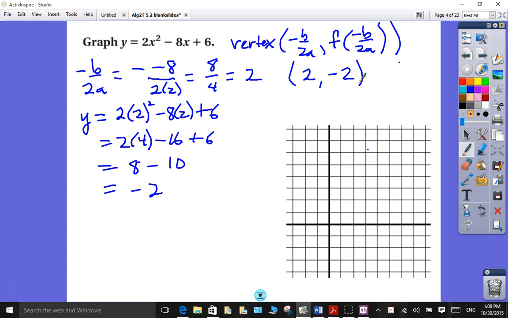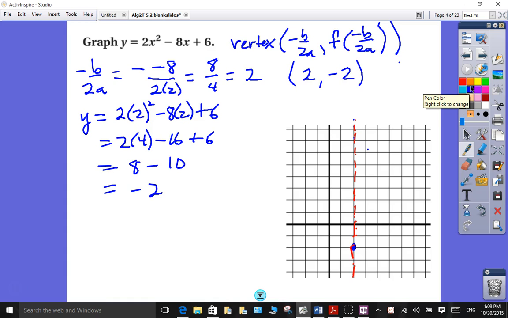Now I can plot that. (2, negative 2) would be right there. Now I can draw in the axis of symmetry, a vertical line that goes right through the vertex.